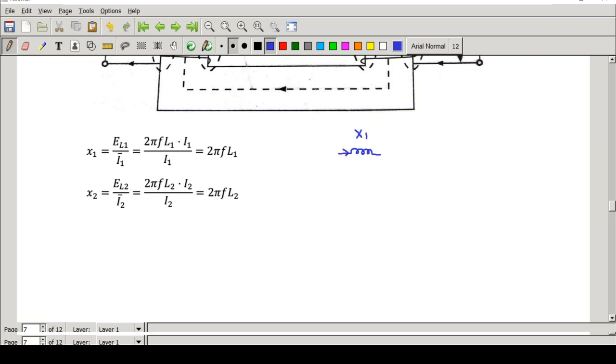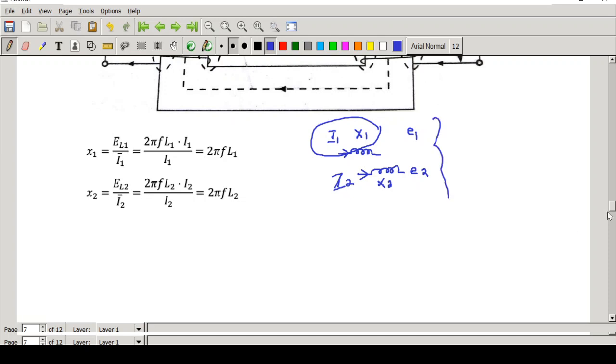We will assume that a current is flowing through this inductor. So the product of I1 and X1 will give the induced EMF, E1. Similarly, in the secondary winding also, we will assume that it is having a reactance of X2 and a current I2 is flowing through it. So the product of I2 and X2 will give the induced EMF E2. That is, this is the induced EMF due to the leakage flux.